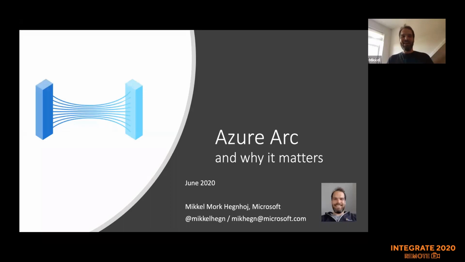Okay, my name is Mikkel Hegnhoj, and I'm one of the program managers in the Azure application platform team within Microsoft. I've been with Microsoft for the last 9 years and done a lot in the space of developer tools for the cloud, container tooling for developers, and also some of our container services or microservices-based services in Azure.